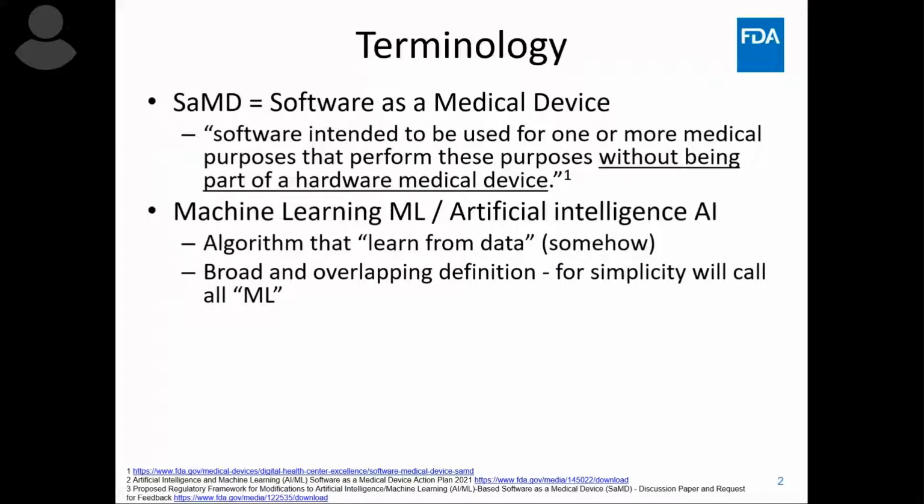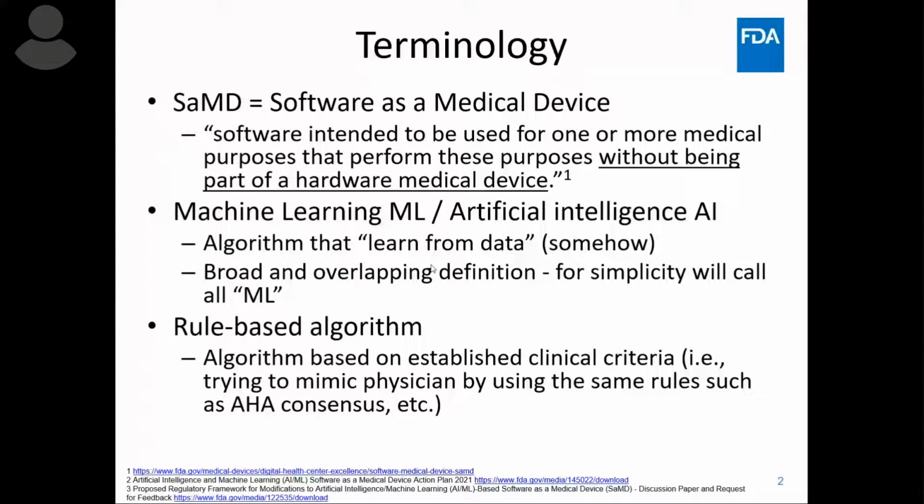There is a little bit of gray area in terminology, so I'm going to call everything machine learning, just for this presentation, and it will include machine learning, artificial intelligence, and everything where you have an algorithm that learns from data.